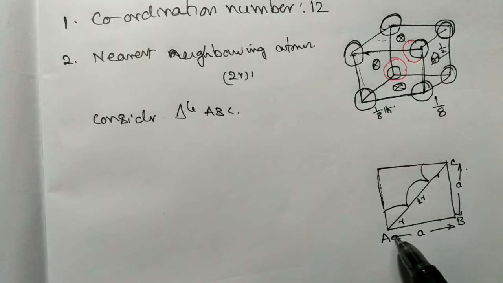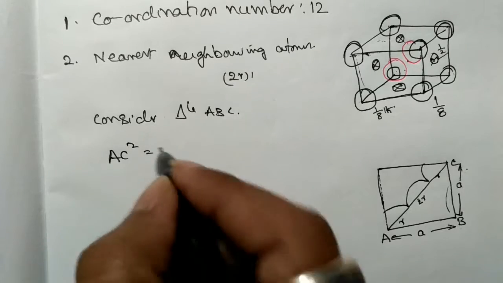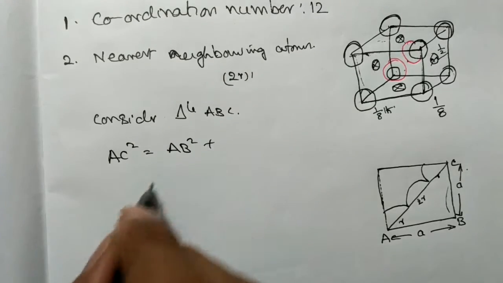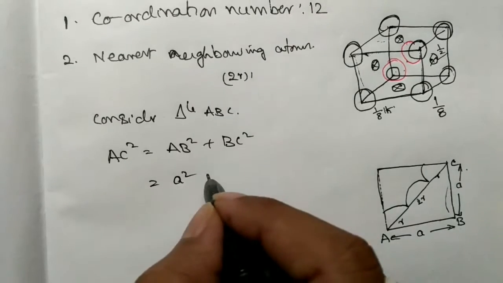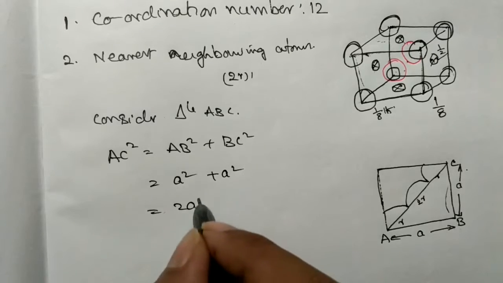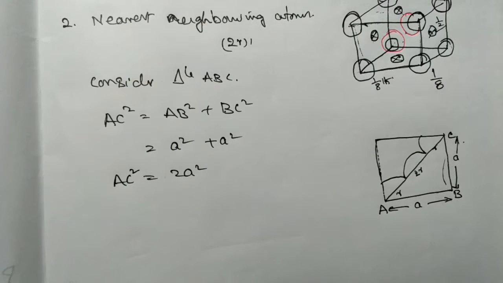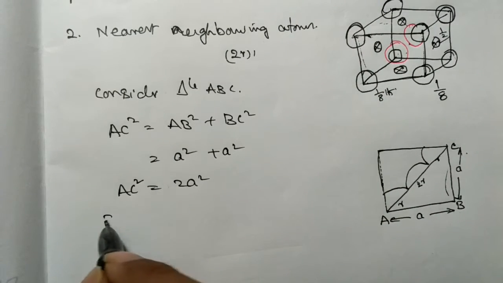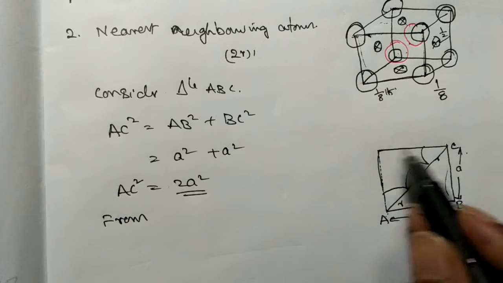Consider Pythagoras theorem. That means hypotenuse square is equal to side square plus side square. That means AC square is equal to AB square plus BC square, that is equal to A square plus A square, that is equal to 2A square. This is a very simple calculation. But from the diagram, this answer is with respect to the crystal edges, A, B and C belong to this square.